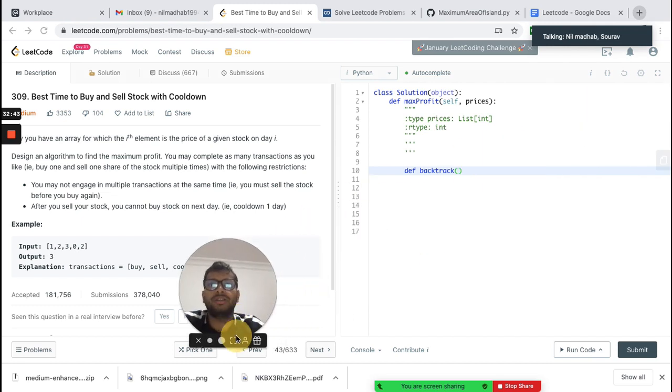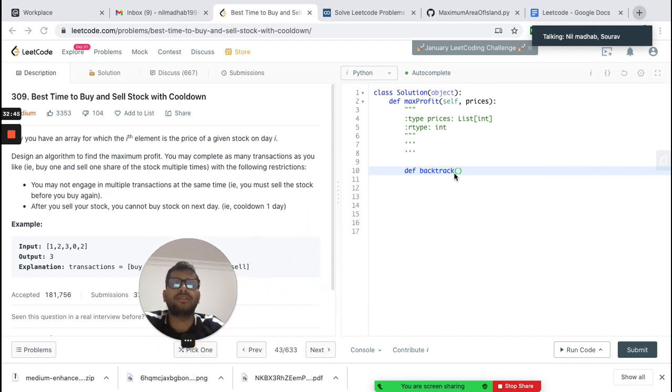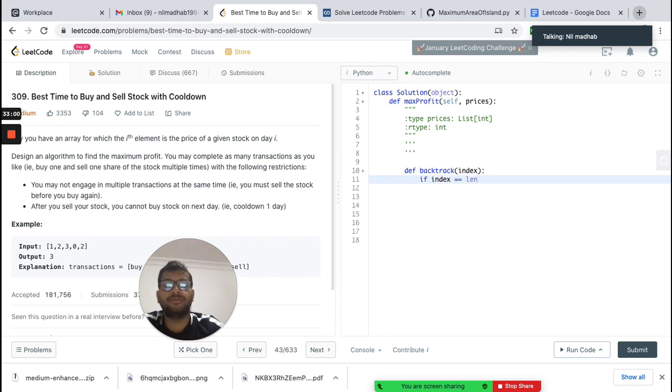How to solve it using backtracking? So we have an array, and let's pass an index, and if index equals the length of prices, we stop and return.